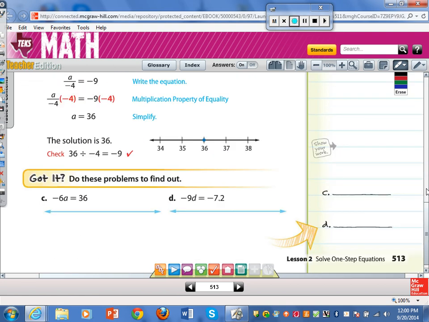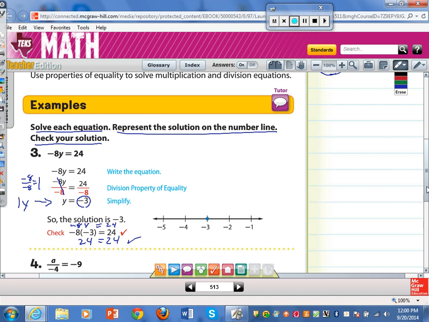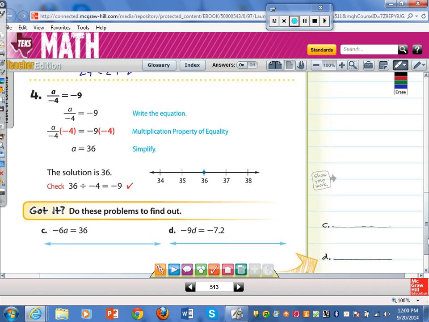Okay, if you take a look at this example, you notice that your variable is on the left side, and you could see here that it's being divided by -4. Well, if it's being divided by -4 and we want to undo this so that the a can end up by itself, since it's being divided by -4, you can use the multiplication property of equality.